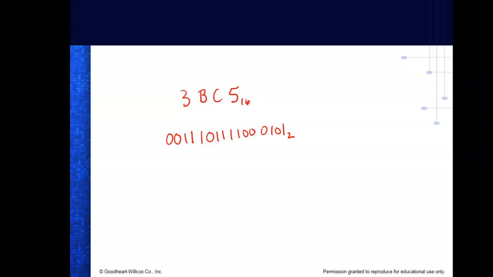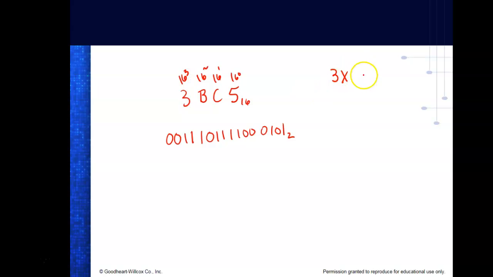Now, if I was going to convert the number to decimal, we've got two options. We could convert it to binary and then do powers of 2: 1, 2, 4, 8, 16, 32. Or we could use positional notation. This would be 16 to the 0, 16 to the first, 16 to the second, 16 to the third.